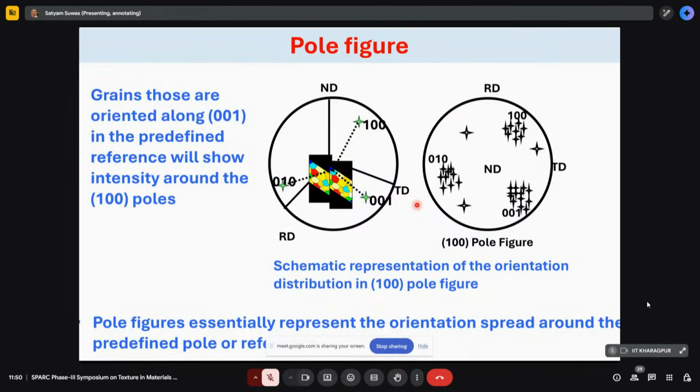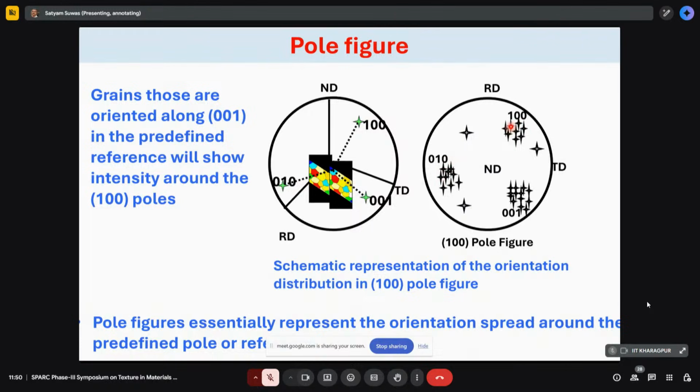What happens in a polycrystalline material, as you will see here, is there will be several grains and each grain has a different orientation. So these will give rise to a cluster of points spread all through the pole figure, and these are related to the specimen frame of reference through a certain relationship, which you will learn when you are explained the measurement of pole figures by X-ray.